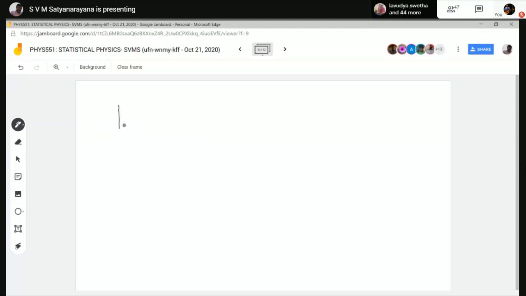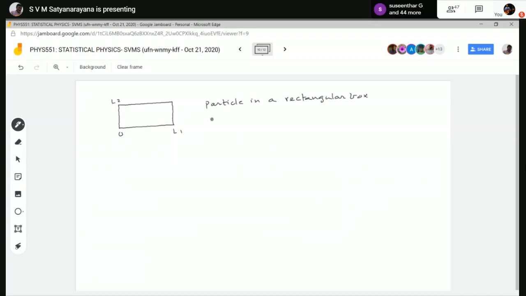let me just consider a particle in a rectangular box like this. Let's say this is 0 to L1 and this is 0 to L2. So imagine that I have a particle in a rectangular box.